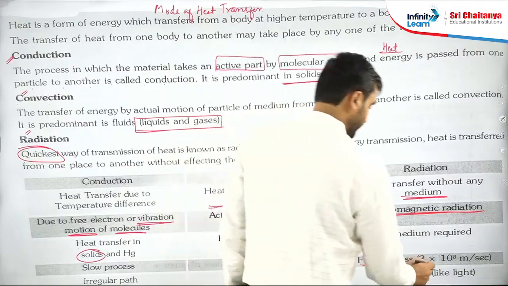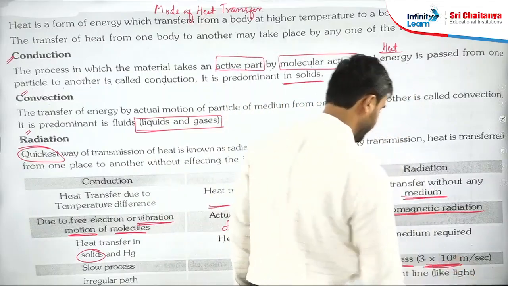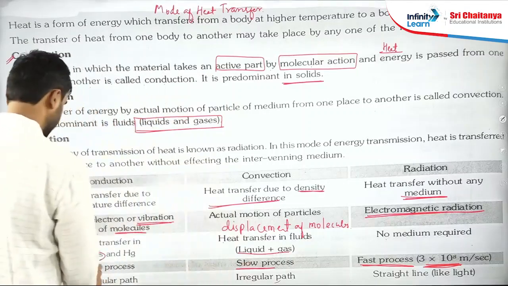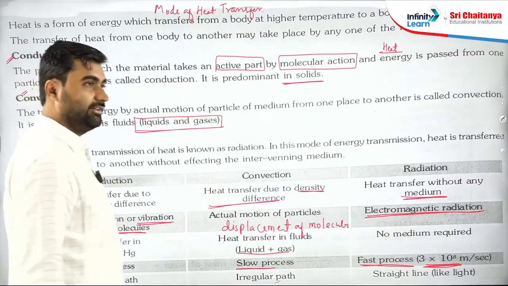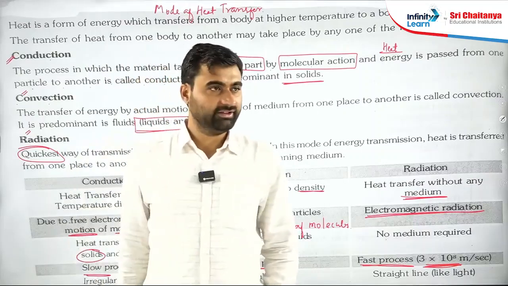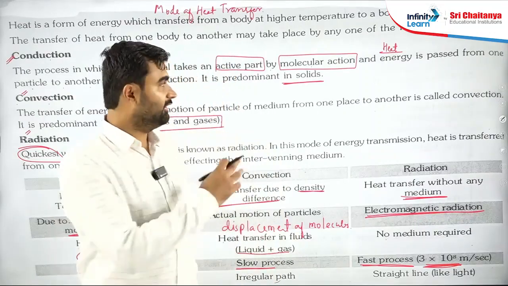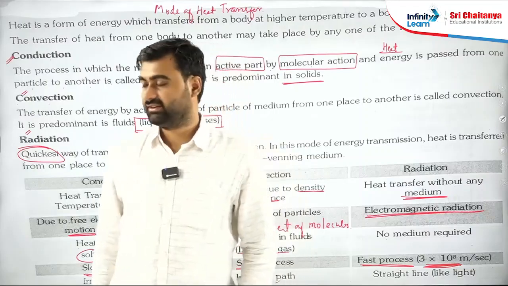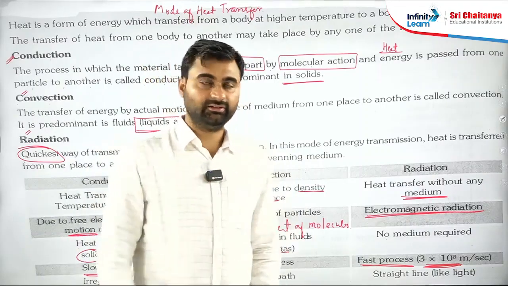And you know the speed of light is 3 into 10 to the power 8. Here it is a slow process and this is also a slow process. Is it clear? So we understood all three modes of heat transfer, and in detail we understood convection mode. Now we will discuss conduction mode in detail.